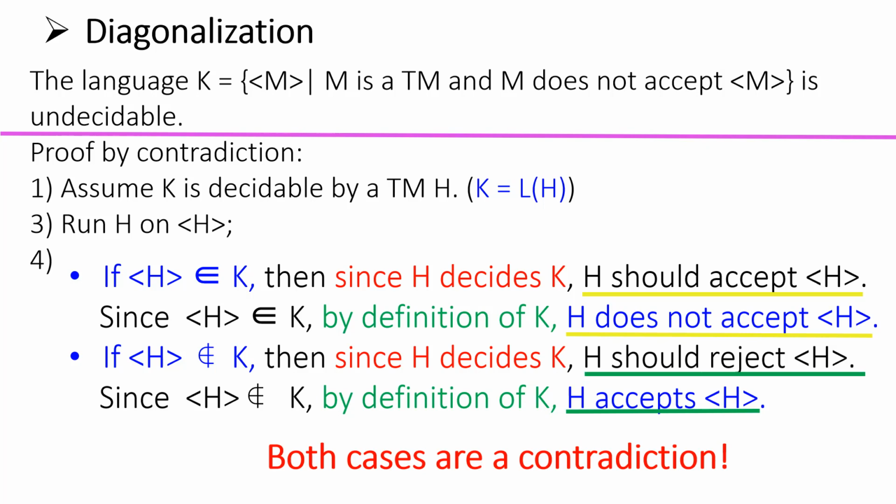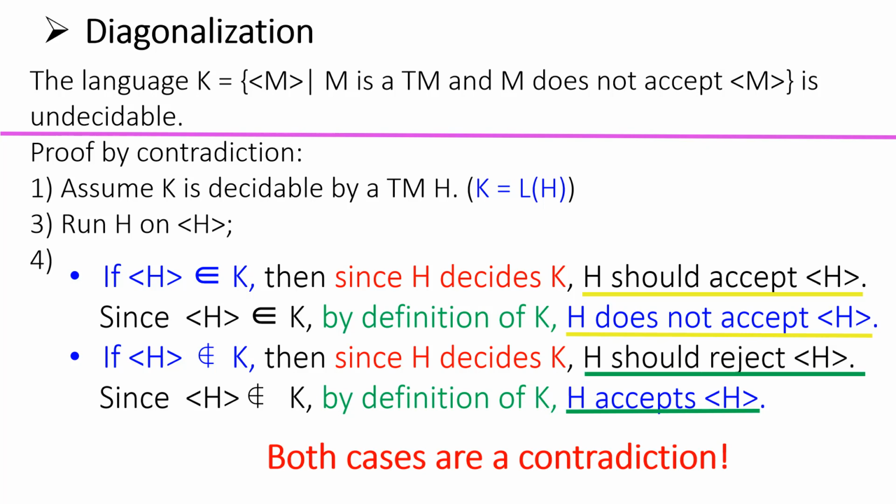Similarly, if the encoding of H is not in K, since H decides K, H should reject the encoding of H. But by the definition of K, H accepts the encoding of H, also a contradiction. So in both possible cases of the membership of the encoding of H in K, we reached a contradiction.